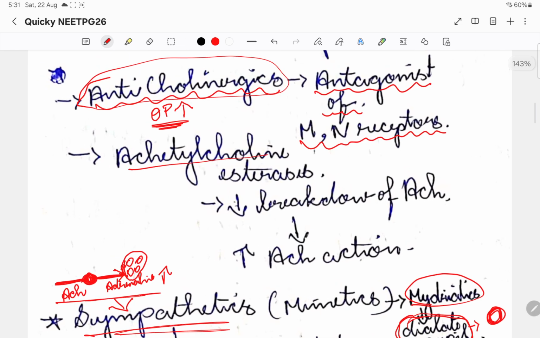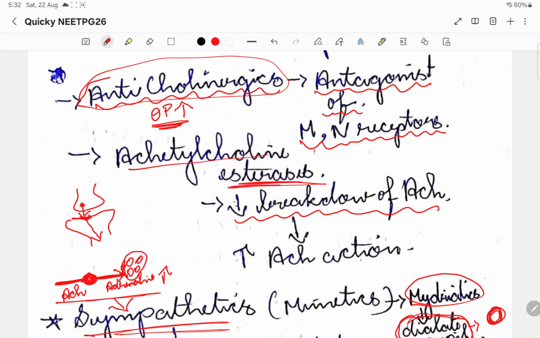Then acetylcholine esterase inhibitors. These are the ones which reduce the breakdown of acetylcholine. We saw the sympathetic and parasympathetic, and the presynaptic and postsynaptic thing in our general physiology, right? Acetylcholine is released from the presynapse, and the acetylcholine receptor will propagate the action potential.